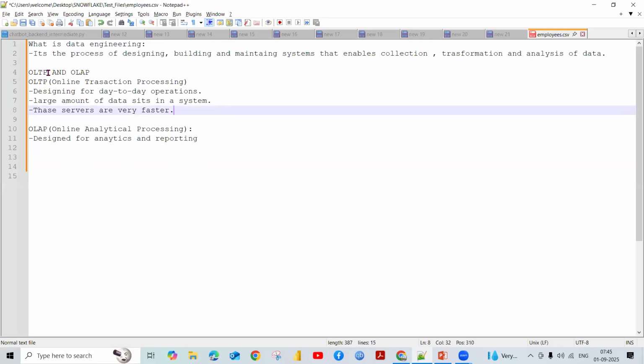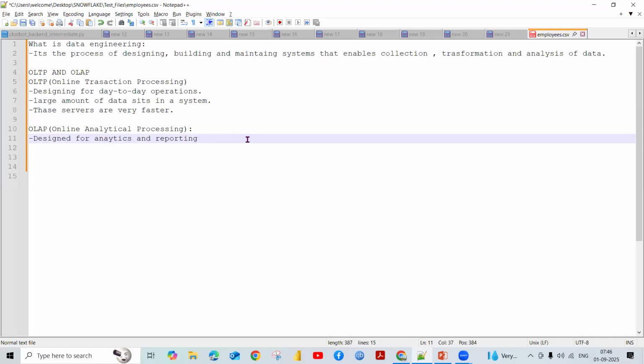In OLTP, whenever you do a transaction, after a month you always need live data. So these systems erase some of the historical data, because they don't need it; they always deal with live data. Whereas OLAP deals with historical data, because if you want to do analytics, you need data from years.